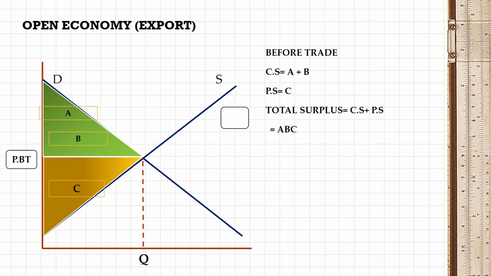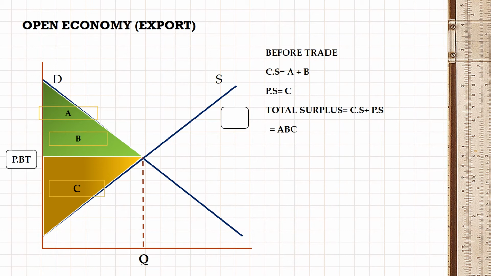So initially you're at the equilibrium price. PBT stands for price before trade. Remember, once you choose to trade, your domestic price will be equal to the world price. But at the moment you're not trading, so PBT is your domestic price before trade.